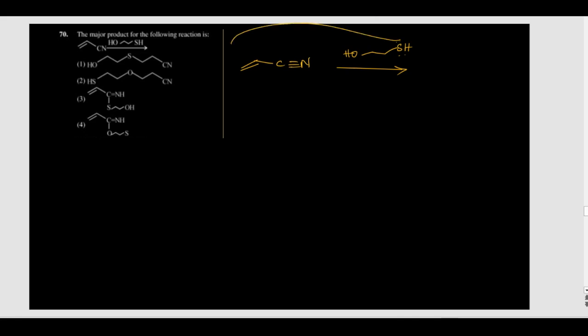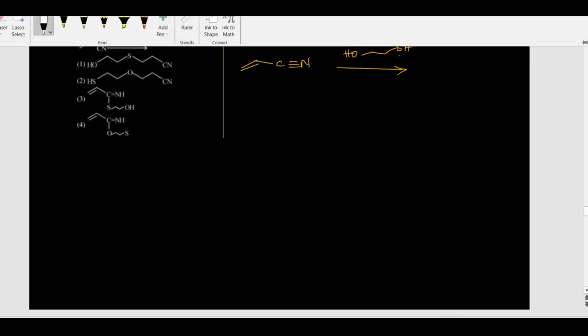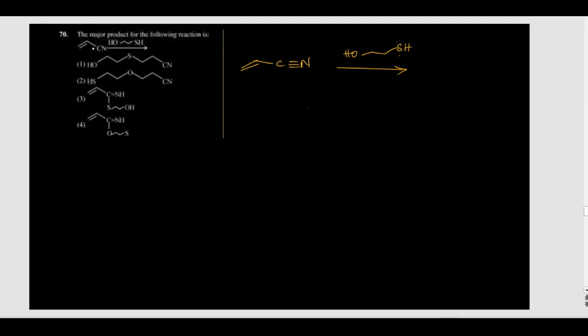It will attack this particular carbon, and this double bond shifts towards here. That makes a double bond here, and one of the bonds of the C triple bond will shift towards nitrogen. Then we'll get this.